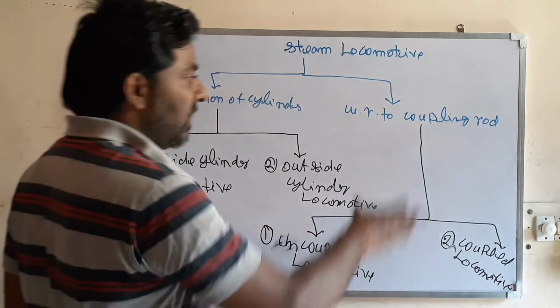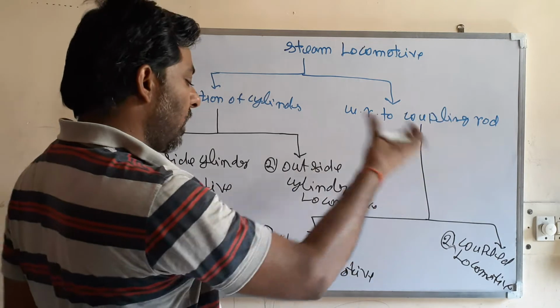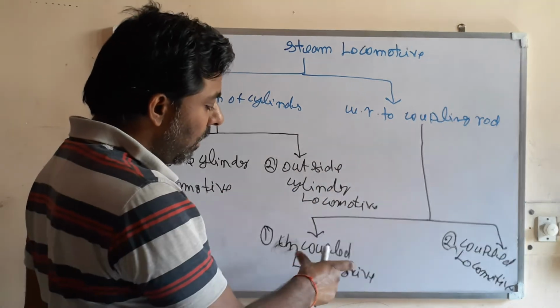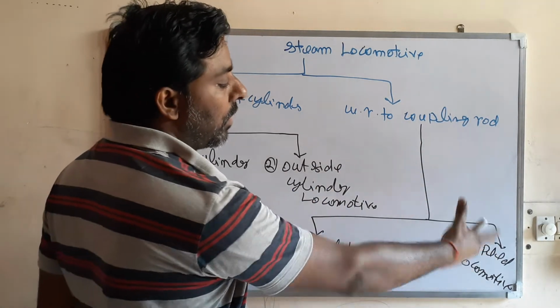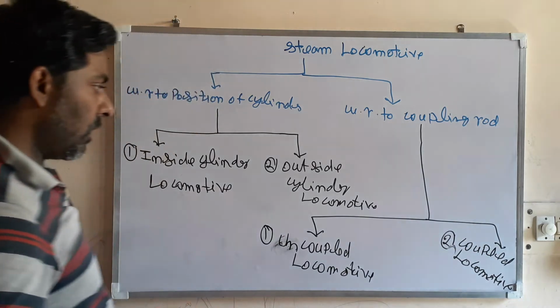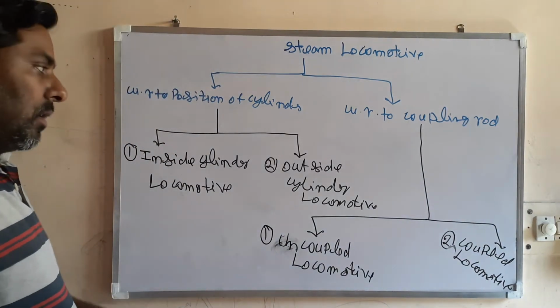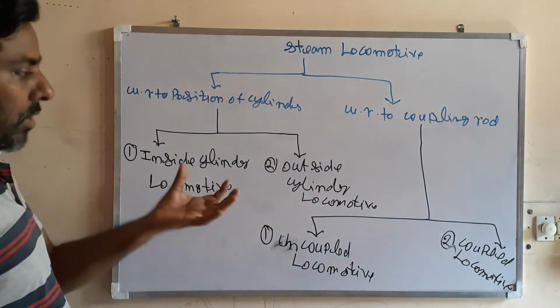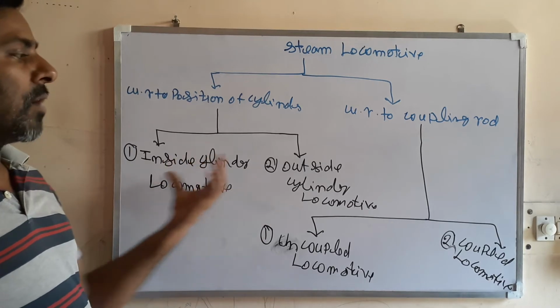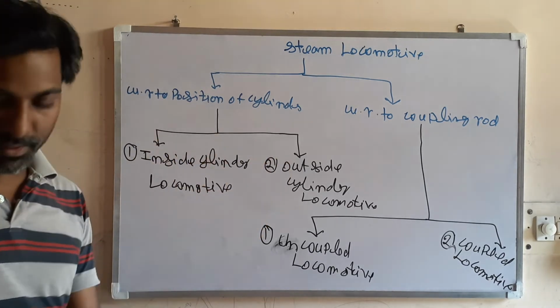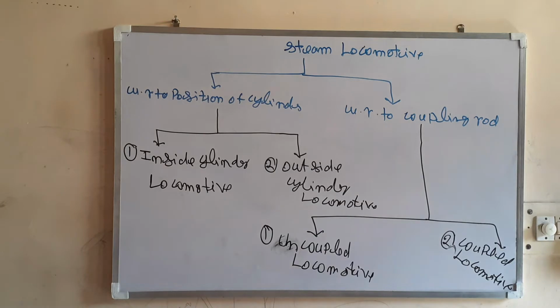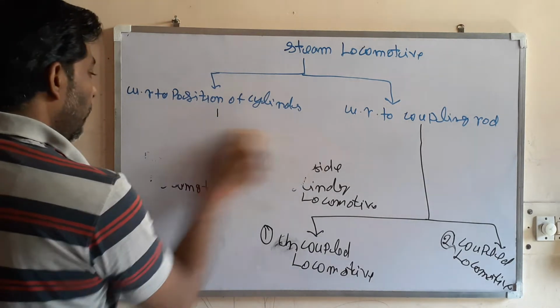So with respect to whether we are using the coupling rod or not, they can be classified as uncoupled locomotive and coupled locomotive. Let us see one by one all four.